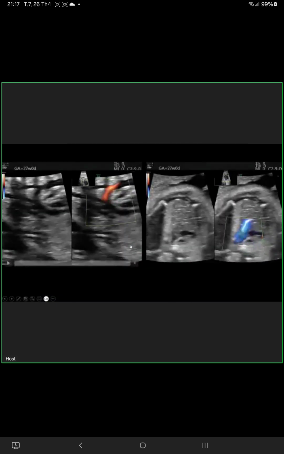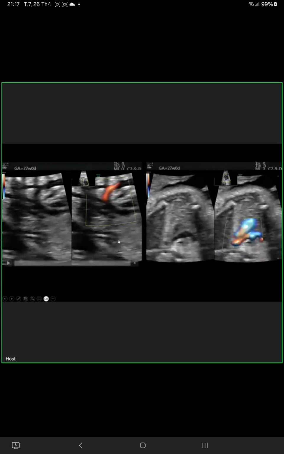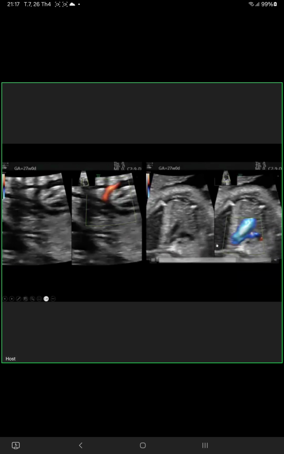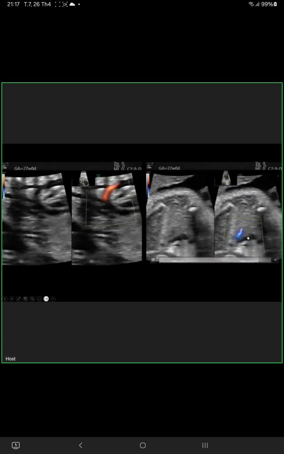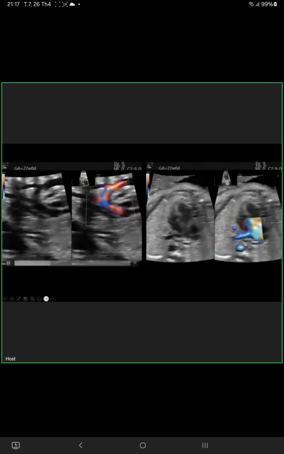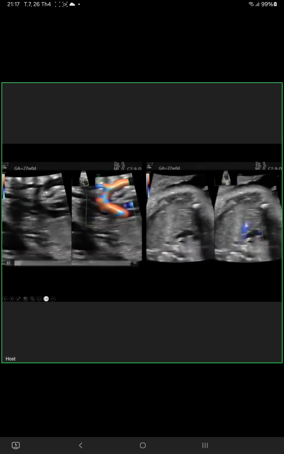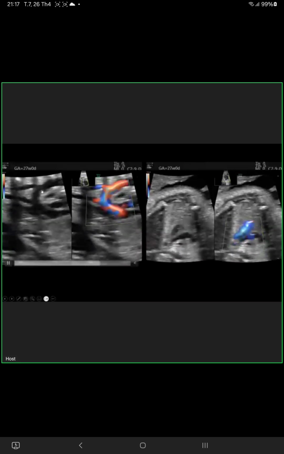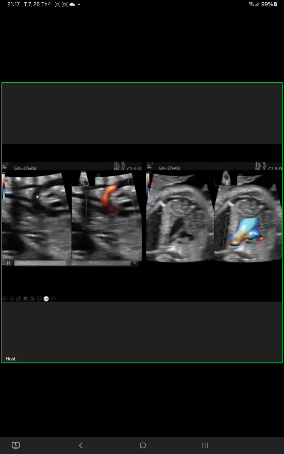And now, this is 27 weeks. You see here asymmetry in the three-vessel trachea view, aorta, and you can put your eyes in this area.